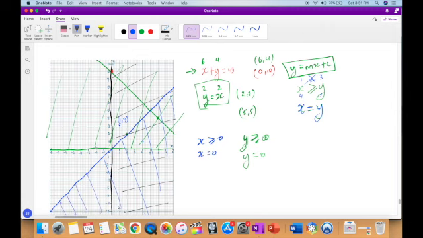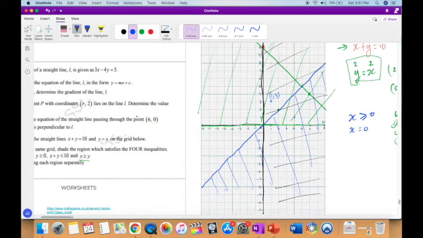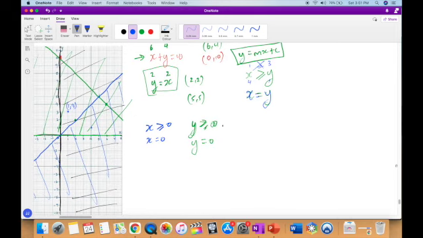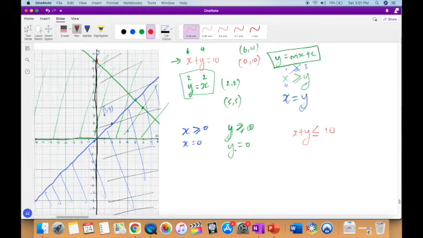And now we have to shade this one. This one is a less than. x plus y is less than or equal to 10, and that is this line. I'll draw it in red, just so that we don't get confused.